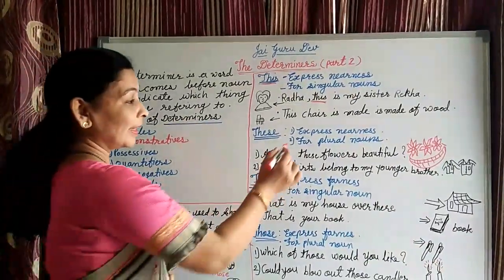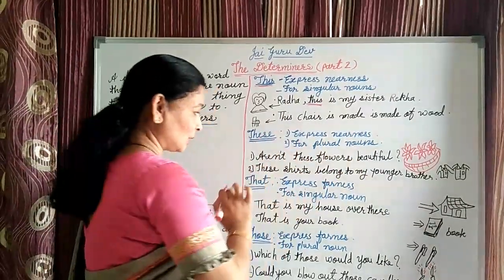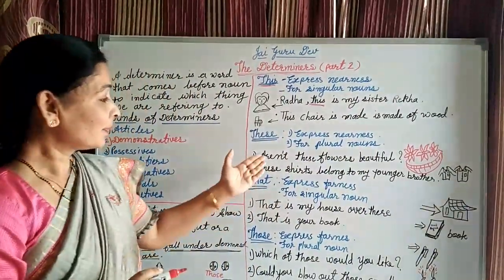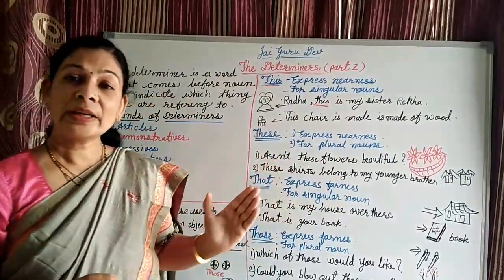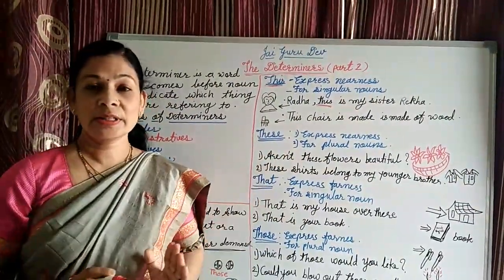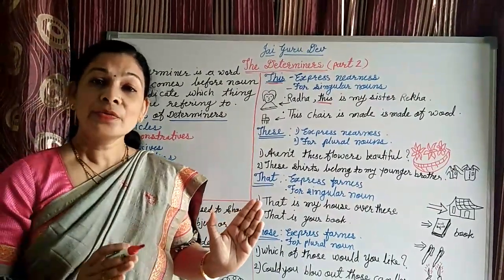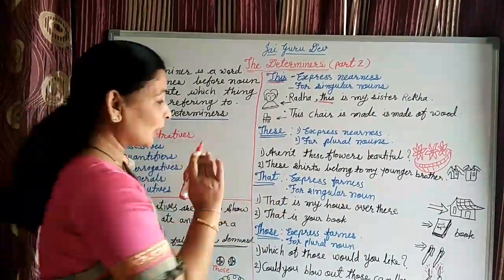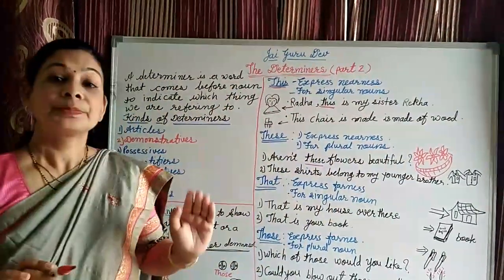These expresses nearness for plural nouns. Example: aren't these flowers beautiful? When we see this word, what does it tell us? That we are talking about plural nouns.